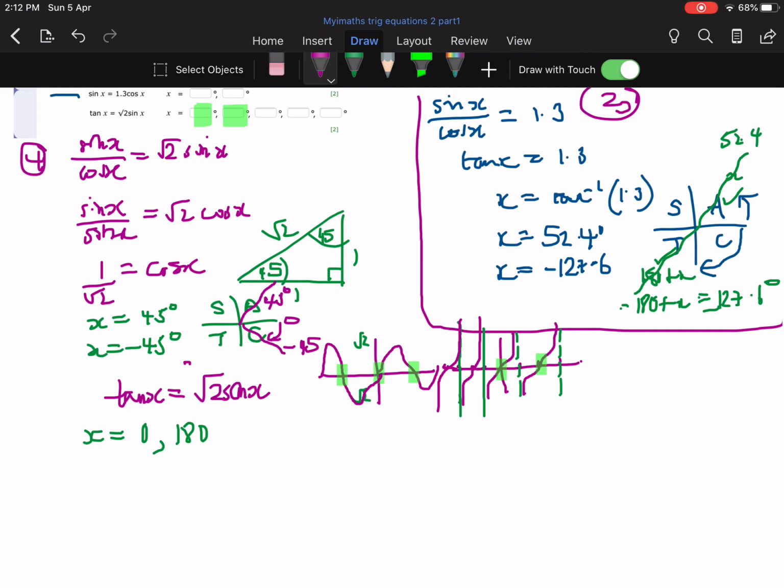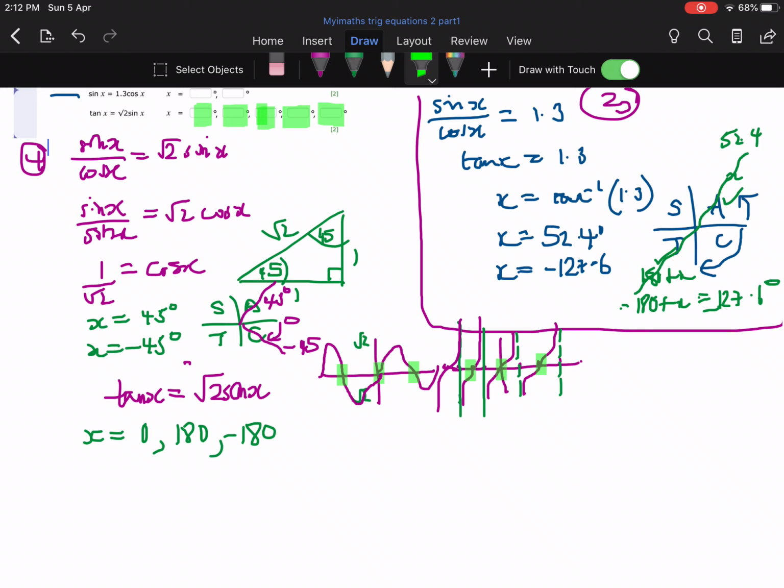So you can see that the sine graph cuts at negative 180 and the tan graph cuts at negative 180. So if I was to overlap them, they have the same intersection points. So my three values I've now got 0, negative 180 and 180.